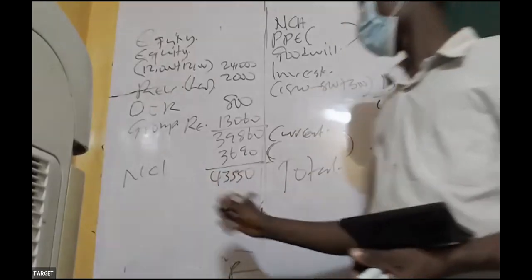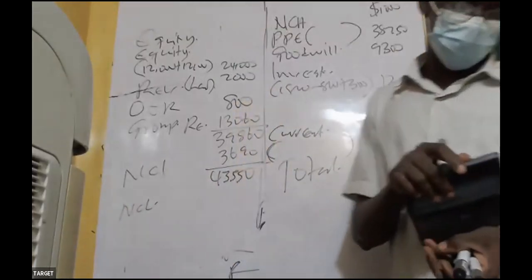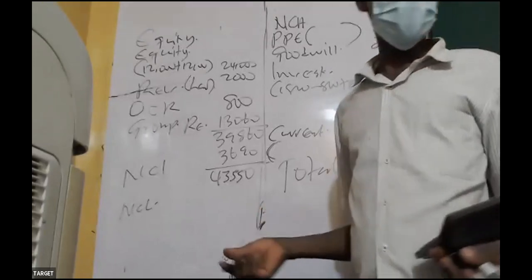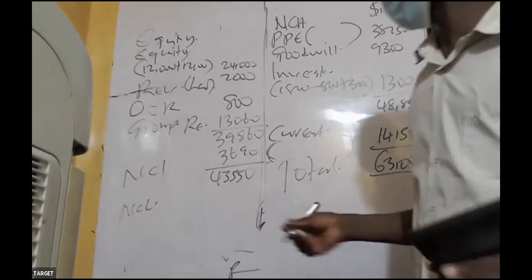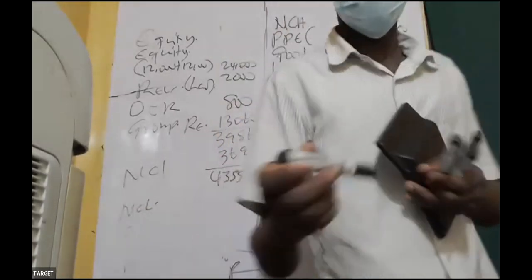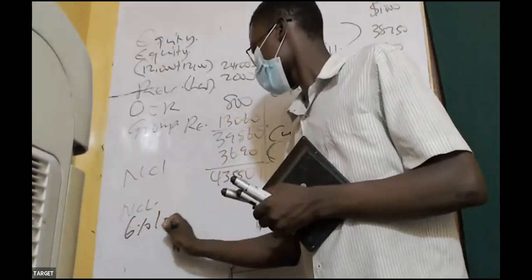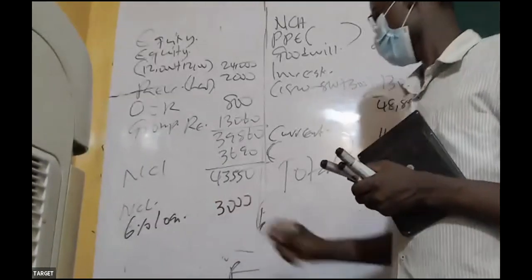Then let's go to non-current liability. The non-current liability too, in fact, copy everything. There's nothing new there. So the 6% loan note: we have 3,000 there.